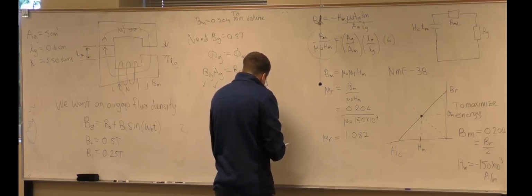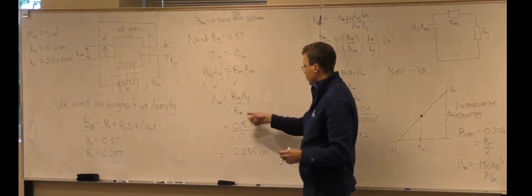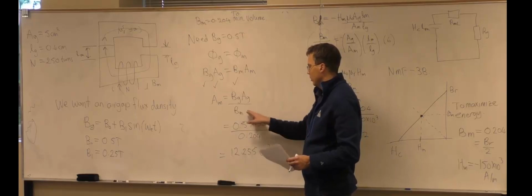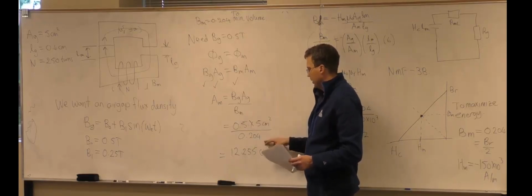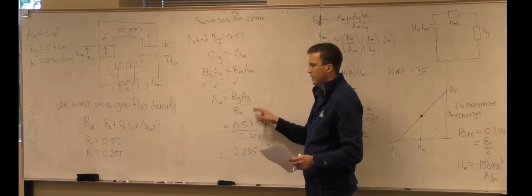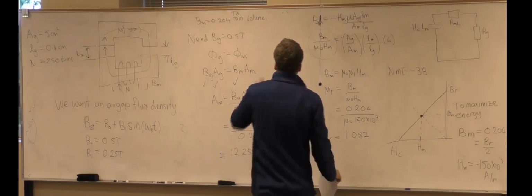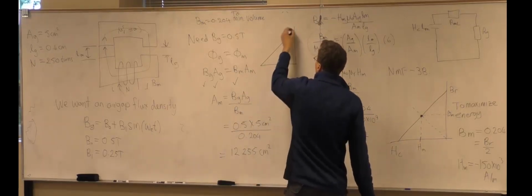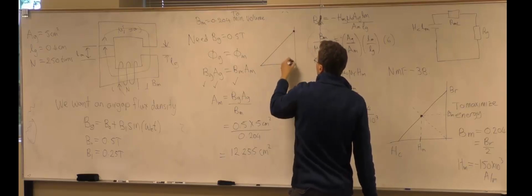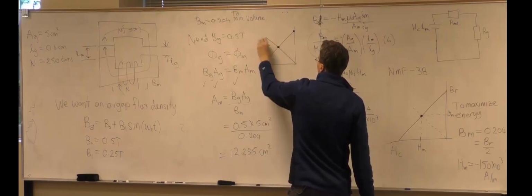That gives us 12.255 centimeters squared. Now you may ask, why don't we choose BM to be 0.4, the top, because then we get a smaller area. Yeah, okay, but think about where you'd be operating on the BH curve. This is our BH curve here. We can't operate at this point because we have a load line.